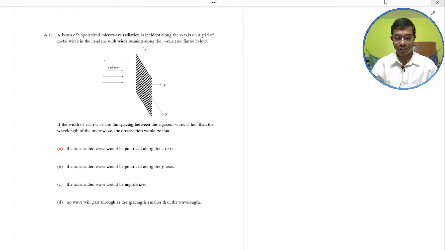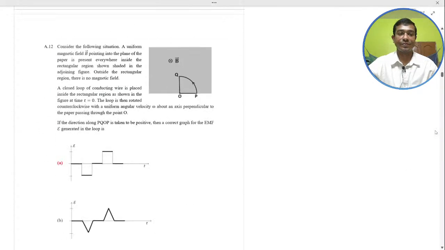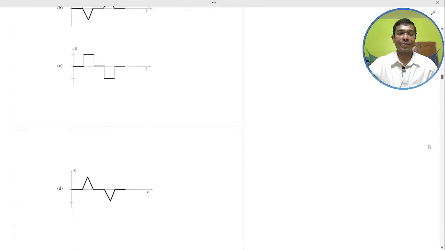From wave and optics, this theoretical question, the direction of polarization is perpendicular to the direction of propagation as well as perpendicular to the direction of the chain of wire. This is a basic concept of polarization of EM wave. So the transmitted wave would be polarized along the z direction. Simple theoretical question.